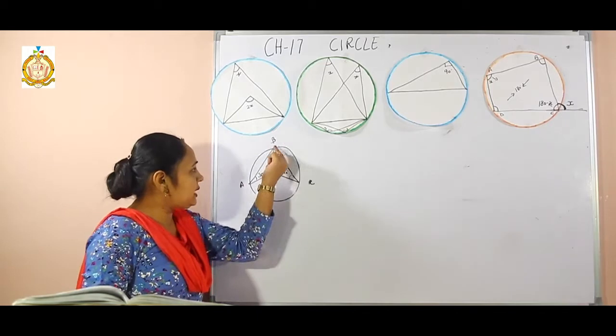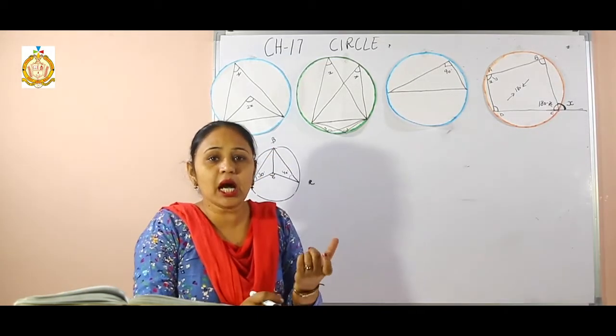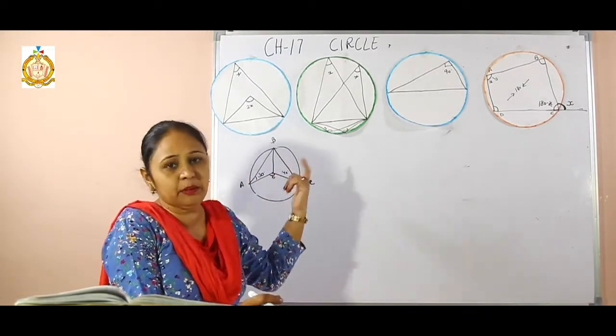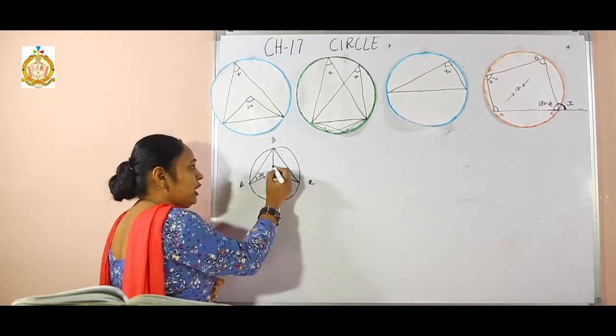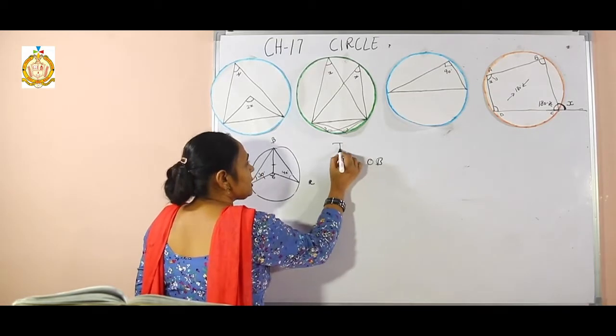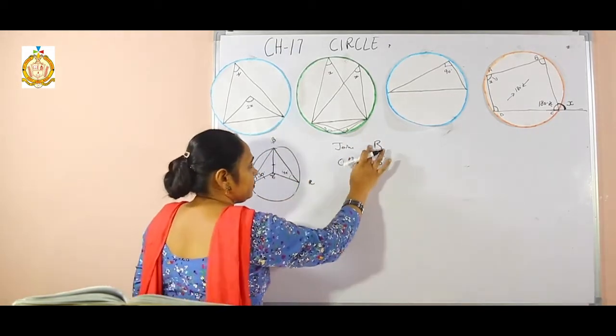Now OB is the radius, OA is the radius. I know that it becomes an isosceles triangle. Two sides are equal because the radius on every side will be equal. Now I can write OA, OB are radii. OA equals OB. First write join OB.